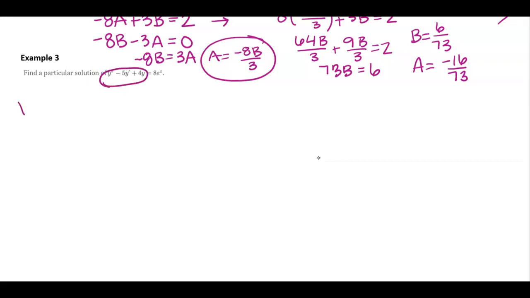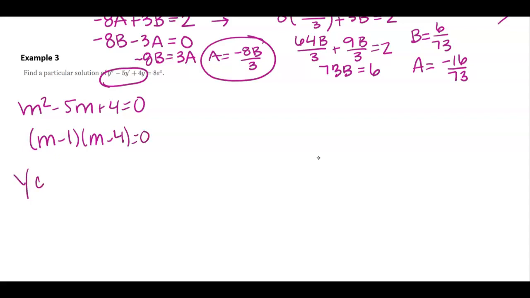So if I look at the auxiliary equation for the left-hand side, I get two factors. And so my complementary function, let's see, m equals 1 and m equals 4.